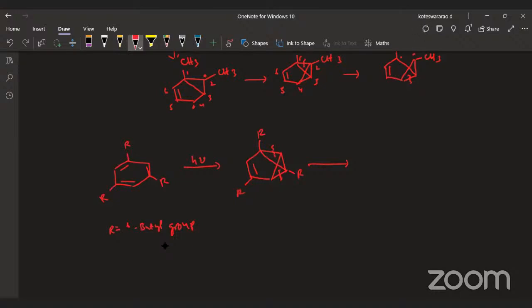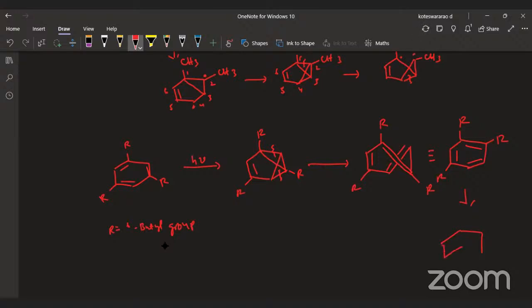Then it leads to the formation of the intermediate and the position of R. Now it will give the rearranged product, where R will come to the adjacent position. We get it.